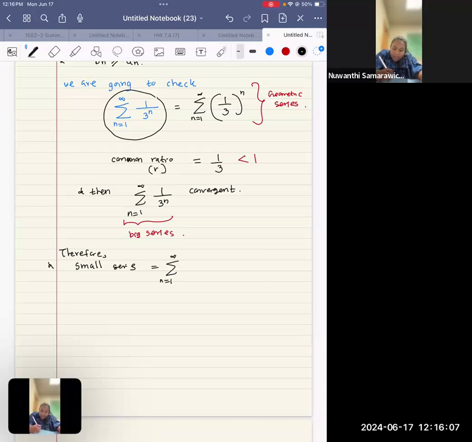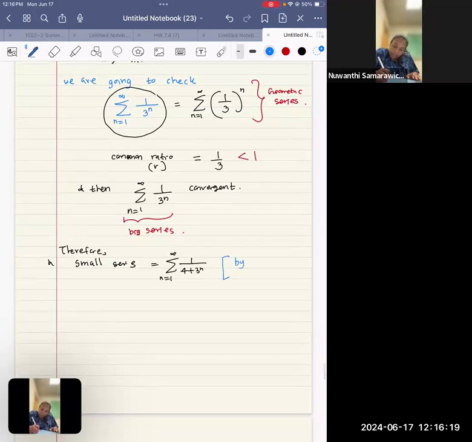It is also convergent, because the big series is convergent, then the small series is also convergent. This is by the direct comparison test that we learned. This is also convergent.